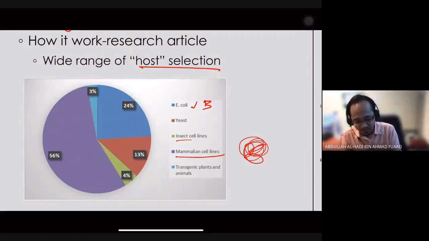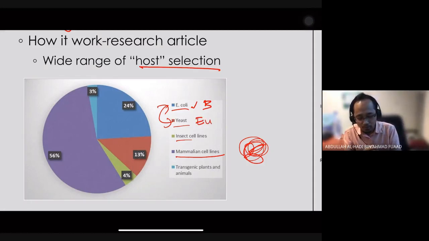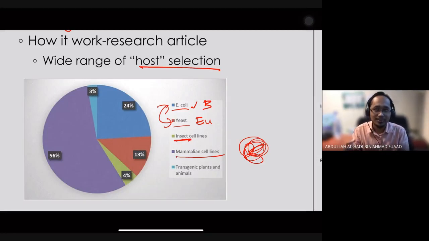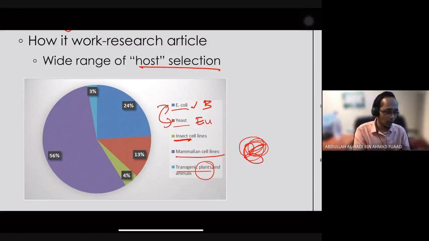Yeast and E. coli, those two are not together, even though they are both microbial, they don't belong in the same category. One is a bacteria, one is a eukaryote. Insects are insects, so they don't belong to bacteria or microorganisms, and they also don't belong to mammals like us. And of course you can have a transgenic plant. We will look at plant-based later on in the slides.